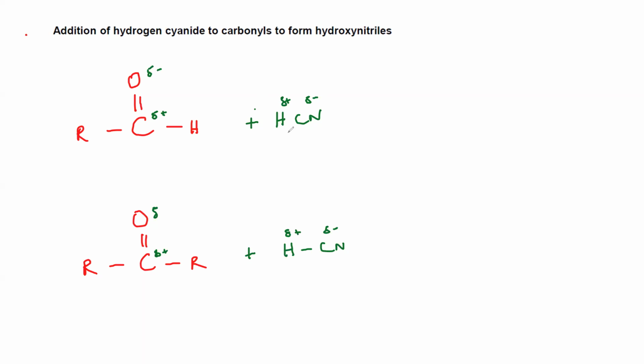So what will happen? The H which is partial positive will be attracted to oxygen, and the CN which is partial negative will be attracted to the carbon. And this is not the mechanism, this is first the product.